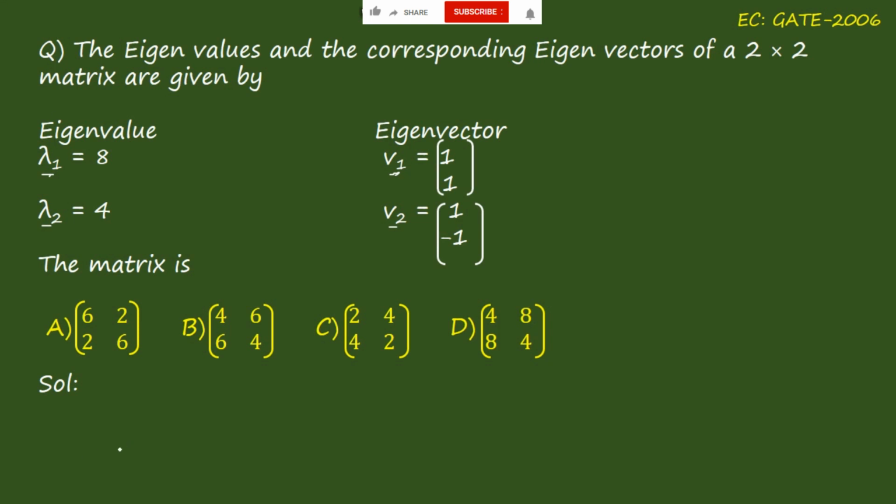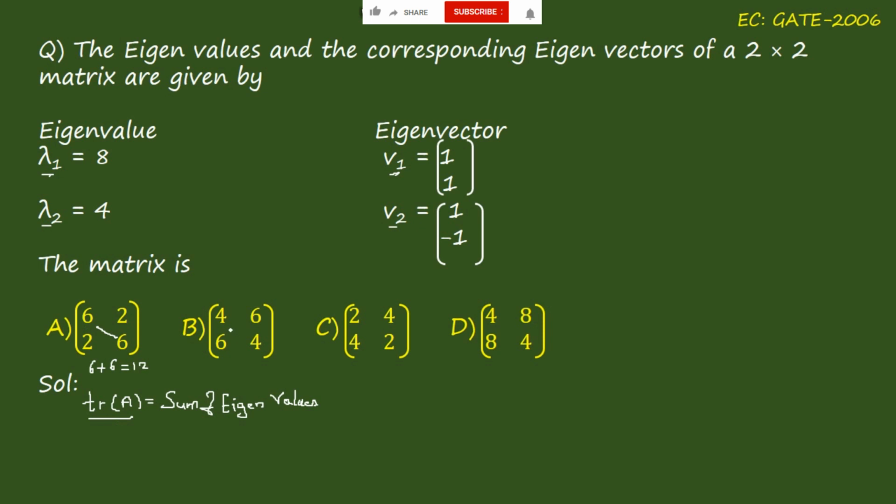For this one, we know one simple thing: the trace of a matrix A is equal to the sum of the eigenvalues. Yes or no? The trace of a matrix is the sum of the diagonal elements. If you consider matrix A, it is 6 plus 6, which is equal to 12.